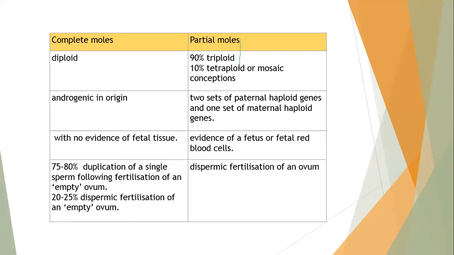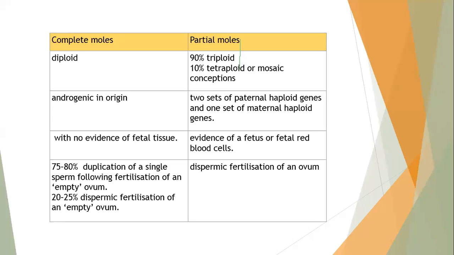With complete mole, you will find that all the chromosomes are androgenic in origin, while in partial mole you will find two sets of paternal and one set of maternal. With complete mole, you will find no evidence of fetal tissue, while with partial mole, you will find evidence of fetal tissue or fetal red blood cells.